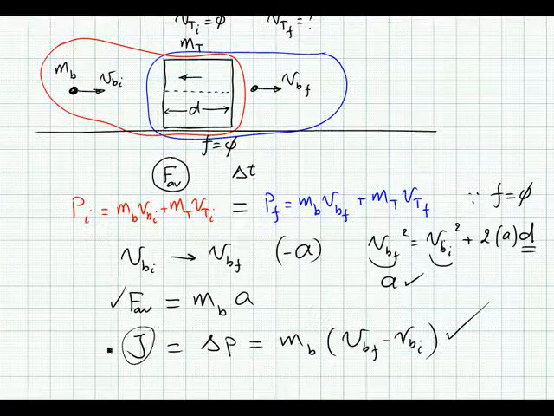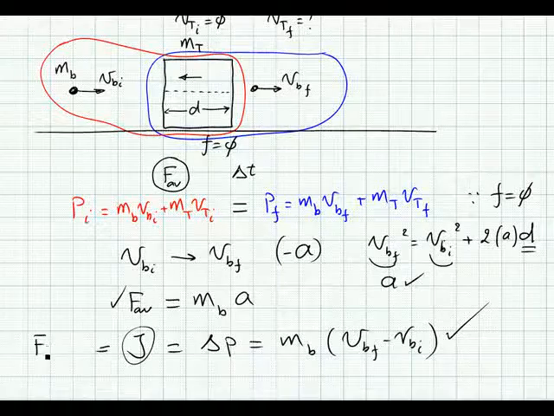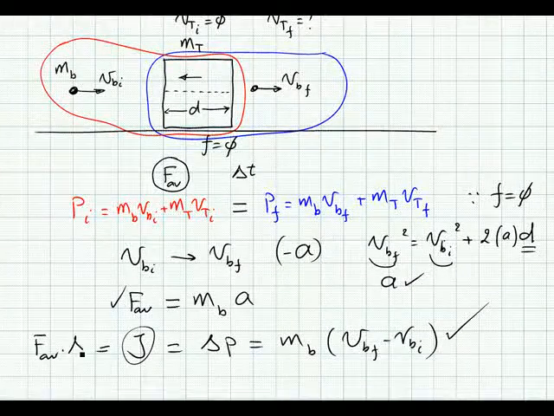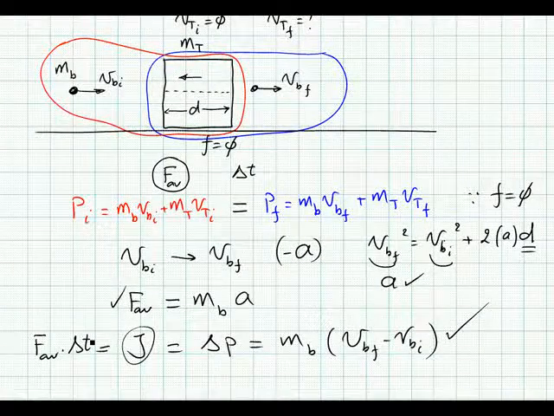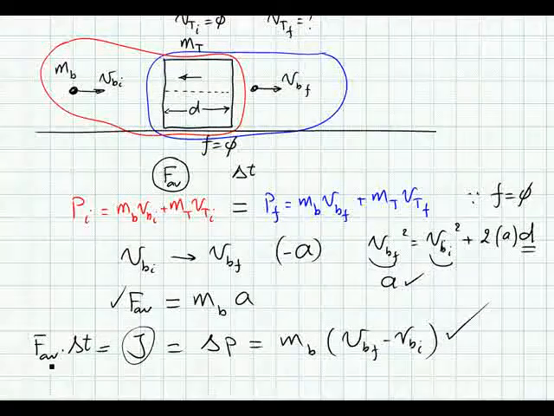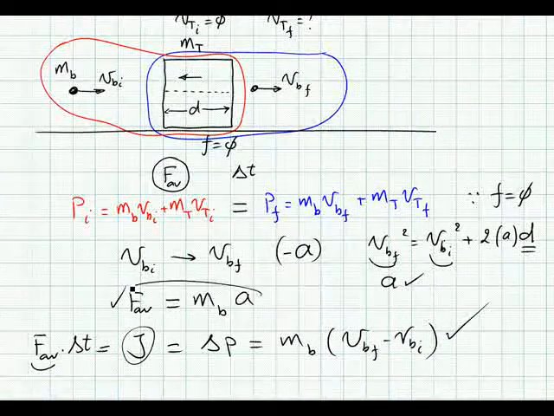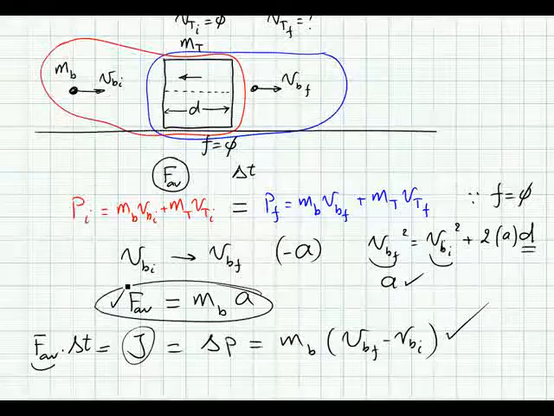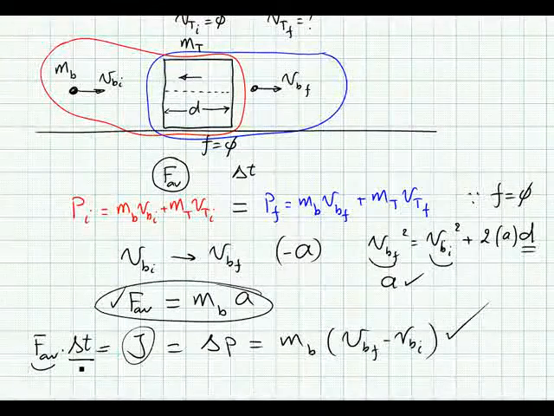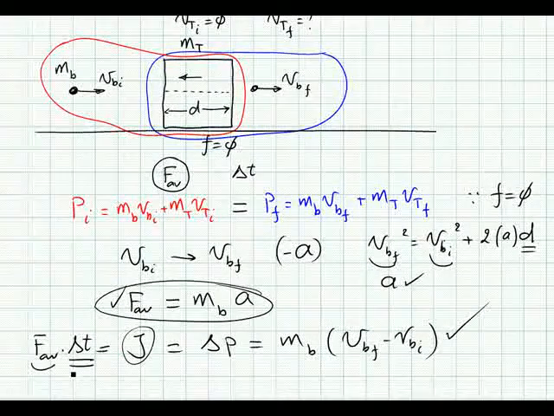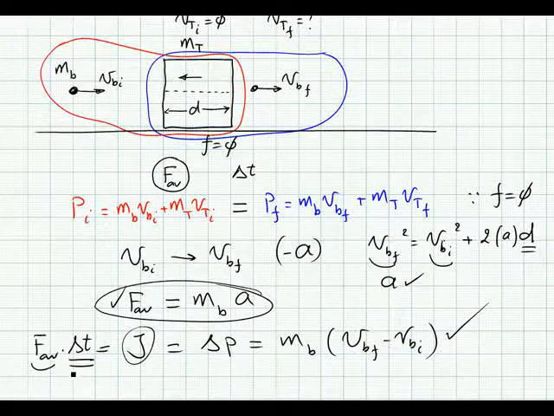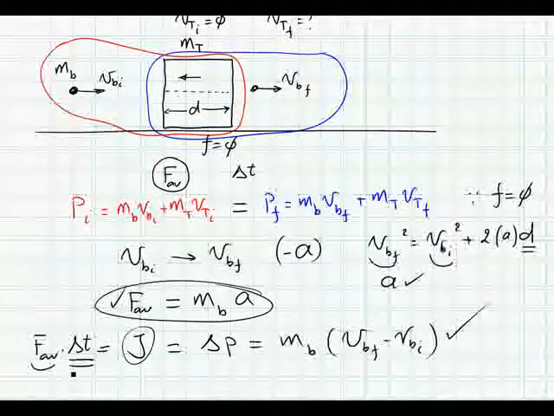That equals the impulse on the bullet, which is equal to average force times the time that force acts on the bullet. And average force you just figured out from up here, so now this equation enables you to figure out delta t, the time that it takes for the bullet to pass through the target.